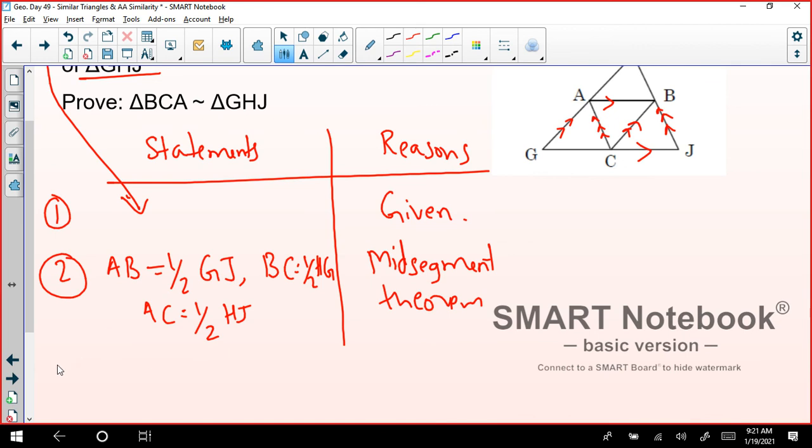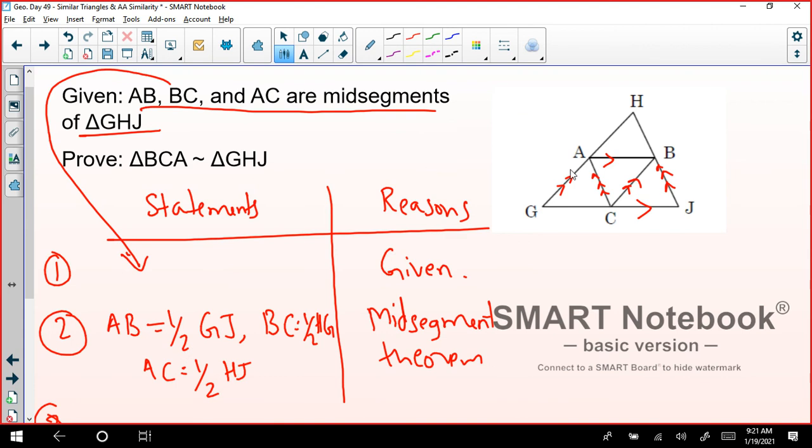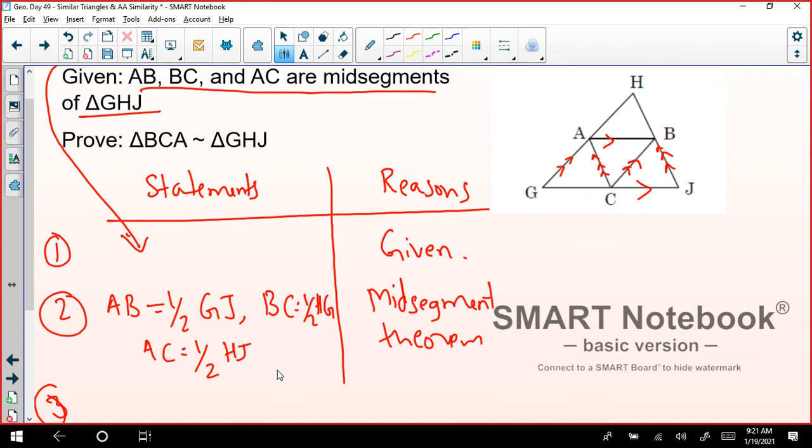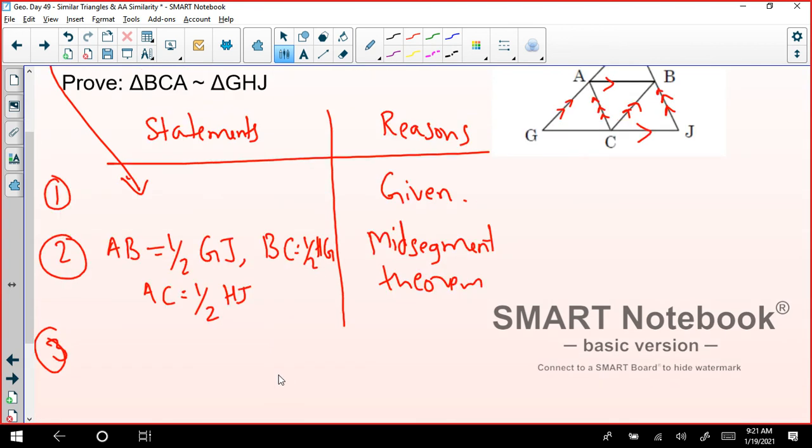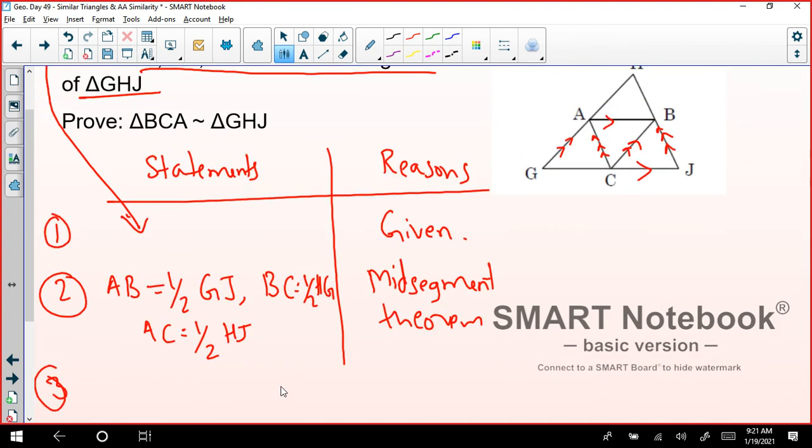And we don't even have to prove that the angles are congruent. You can also do it by that long method, but whenever the sides are proportional, we can say that the triangles are similar. You will have AB over GJ equals BC over HG equals AC over HJ.